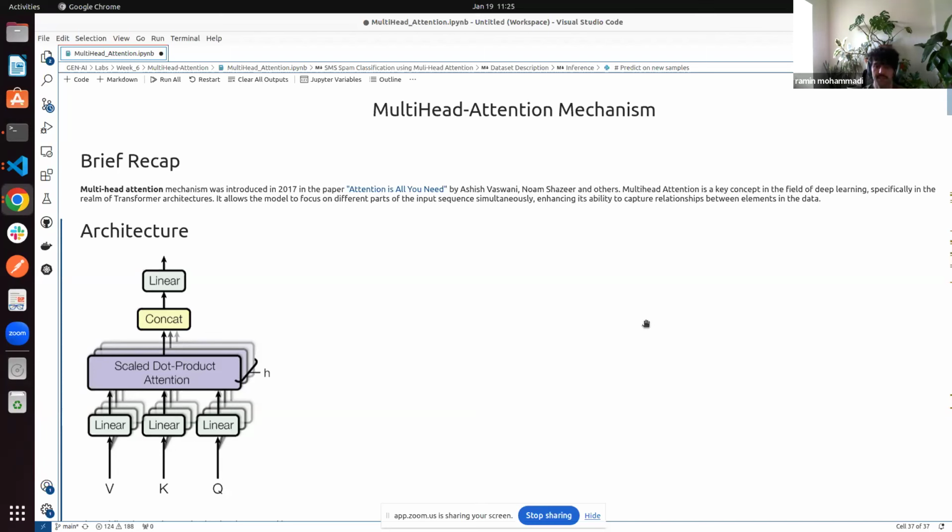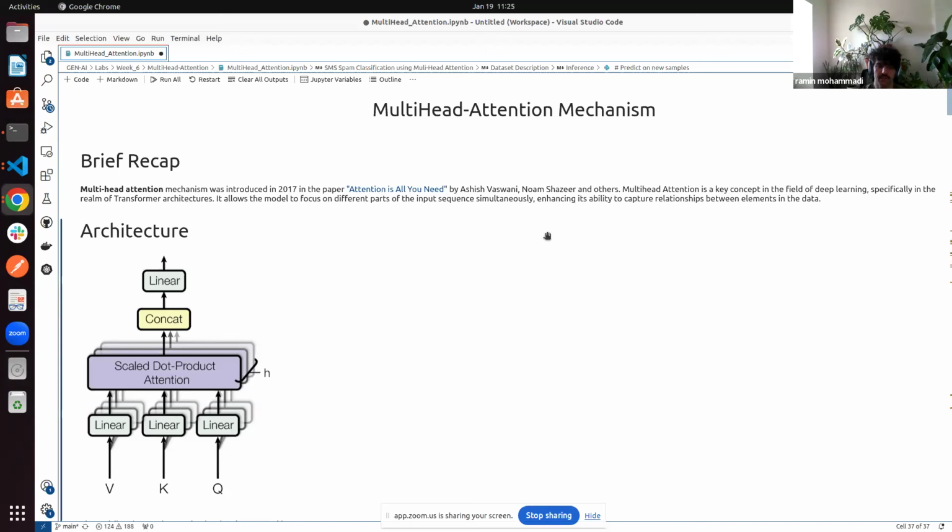The benefit is that we allow each head, or you can think about each head as a separate model, to process the data separately, in parallel also. That way, each head will be learning something new about the data, compared to vanilla attention that we just do using one head, and basically we learn everything in one go.